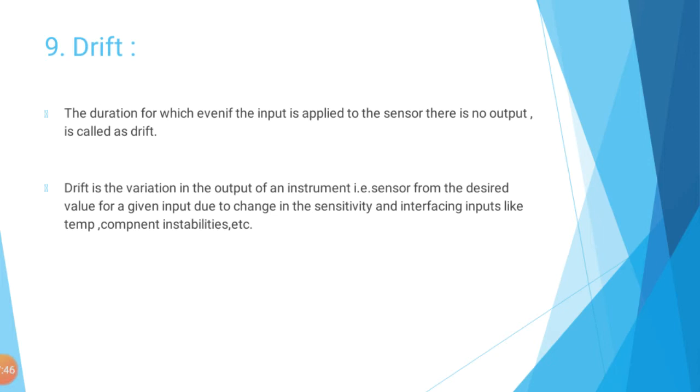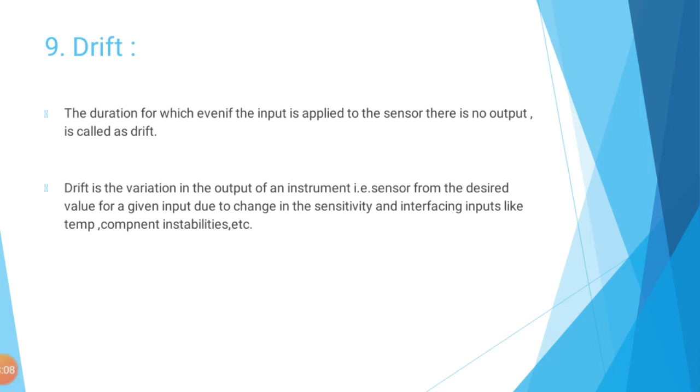This occurs due to some change in a physical parameter, suppose temperature, or some fluctuation in the parameters, or a change in the sensitivity of the sensor. Due to this there is no output even if we apply the input.